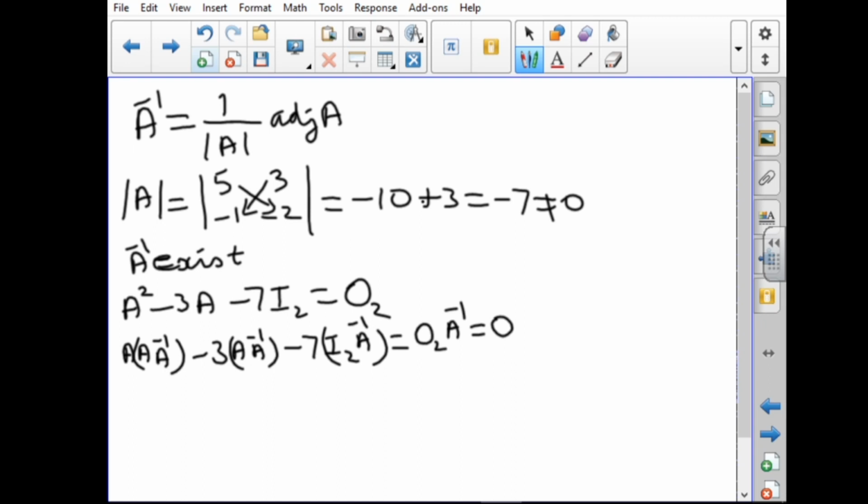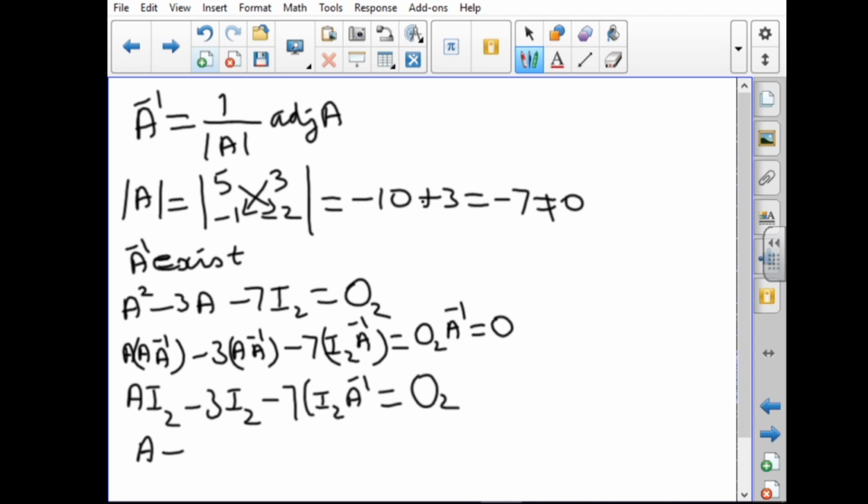So A into A inverse is equal to I, we know this. So A into I2 minus 3I2 minus 7I2 A inverse is equal to O2. Now here A into I2 is nothing but A. 3 into I2 is 3, and minus 7 into I2 into A inverse is A inverse. So minus 7 A inverse is equal to O2.